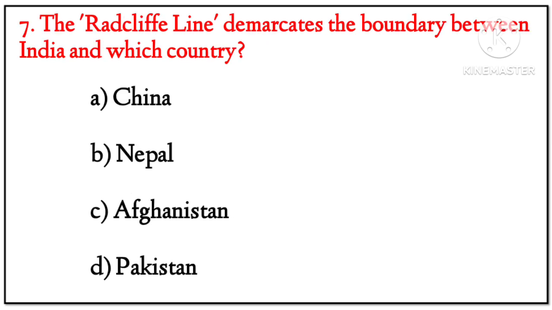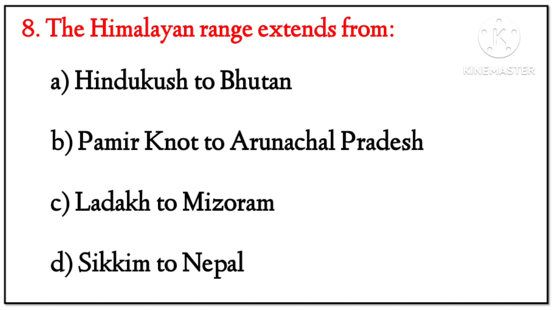Seventh, the Radcliffe Line demarcates the boundary between India and which country? Our options are: China, Nepal, Afghanistan, and Pakistan. Our right option is the last one, D, Pakistan. Next, eighth, the Himalayan range extends from Hindu Kush to Bhutan, Pamir Knot to Arunachal Pradesh, Ladakh to Mizoram, Sikkim to Nepal.